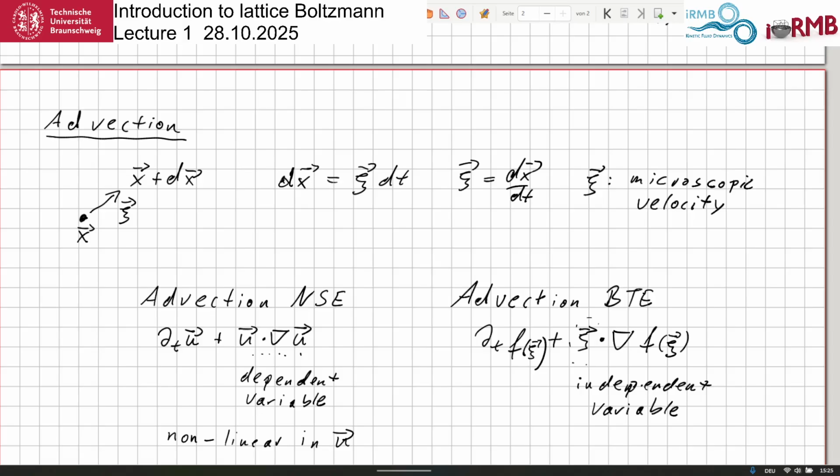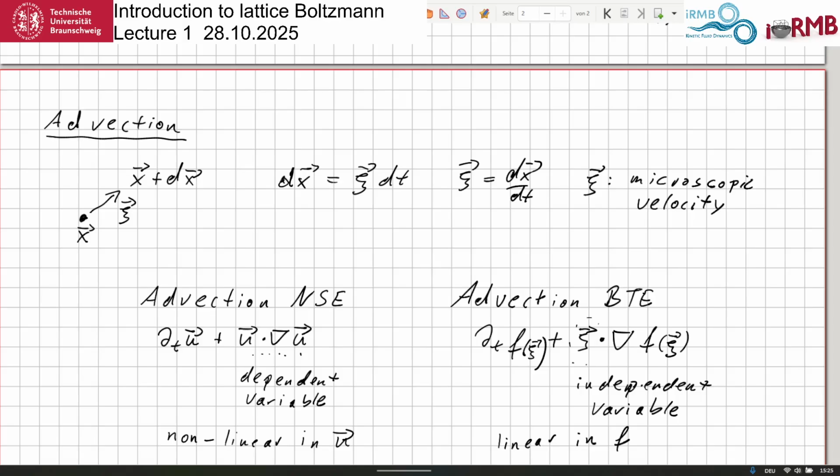So now we are trading one problem for another problem. Here we have nonlinearity. Here we have linearity. Now we have a linear advection term. Therefore, we have all possible velocities.